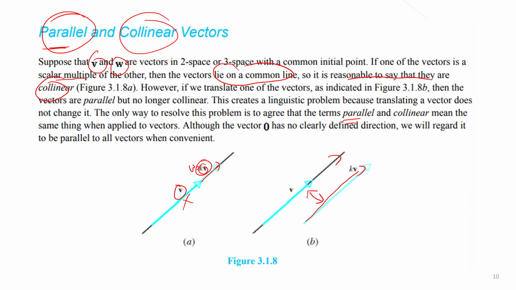And for convenience, what about vector 0, where it has only one dot? It is considered to be parallel to all vectors for convenience.